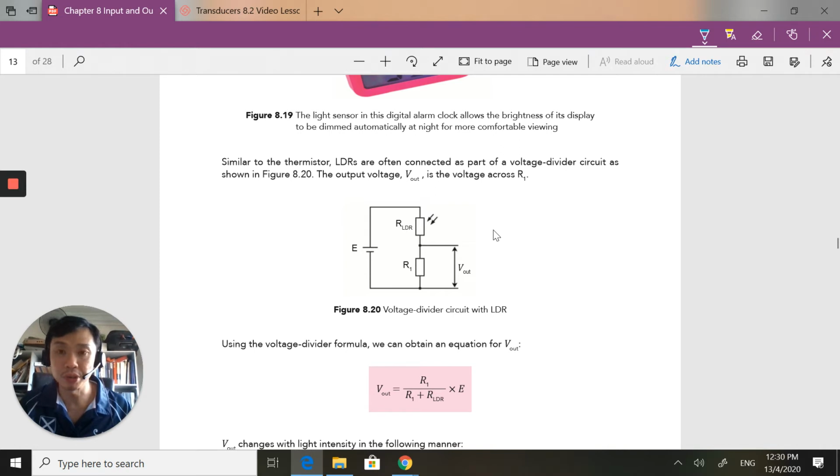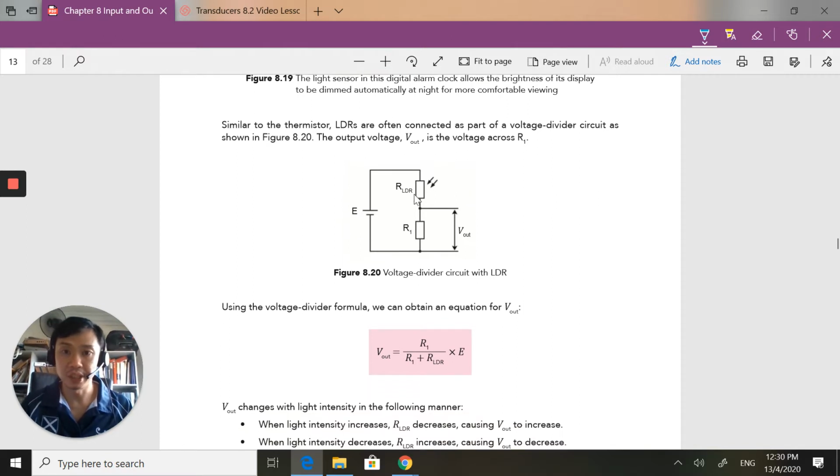But also importantly, we have to study how this works. It's usually arranged as part of a voltage divider arrangement. So in this case, let's draw the resistance, and this time it's not temperature, but the light intensity graph.